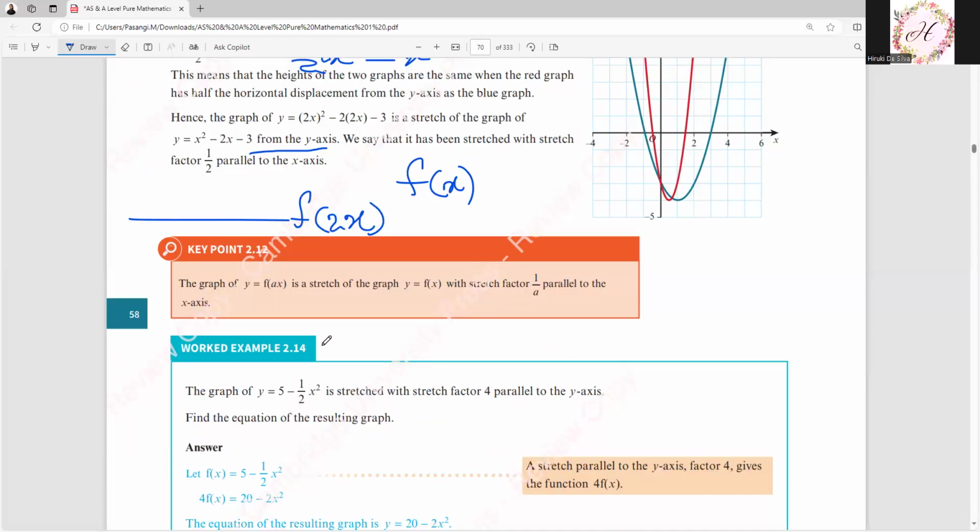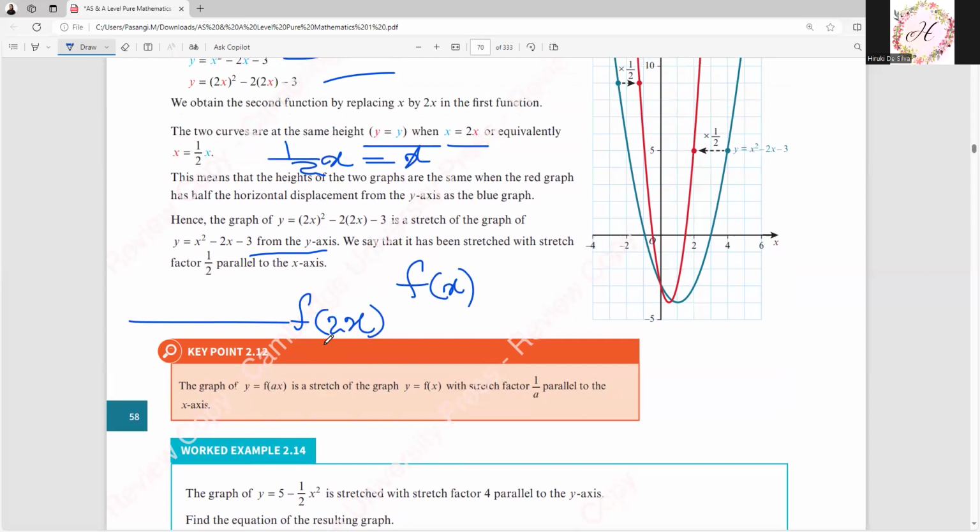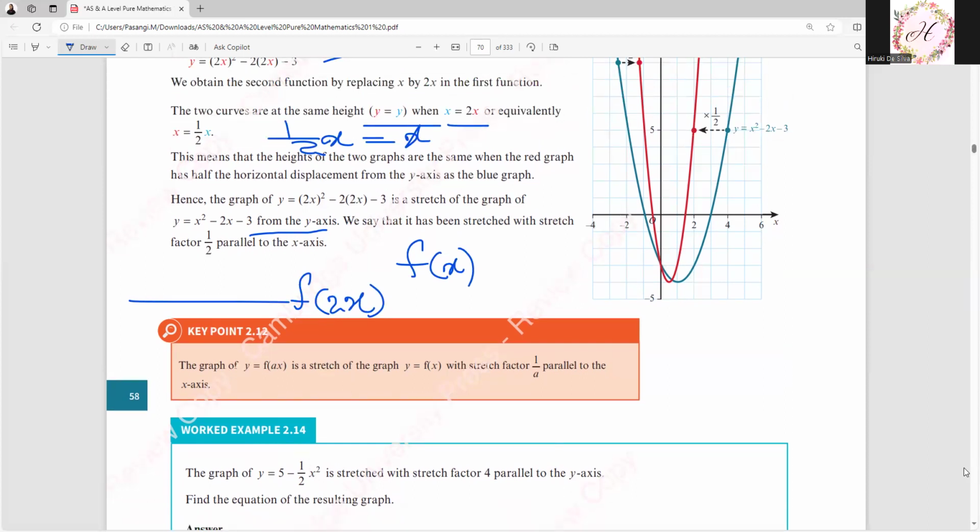Now try to do 2.14 as well. Okay, so the 2.14 is also done, right?